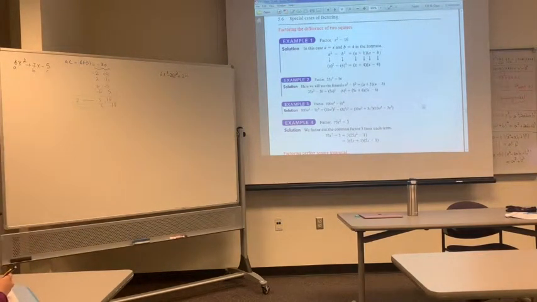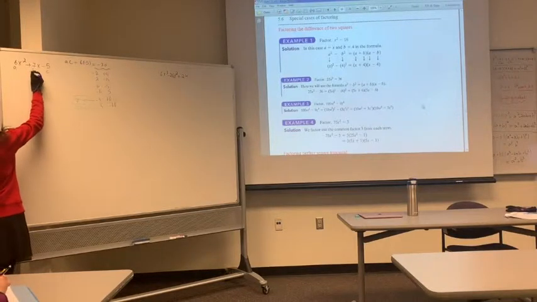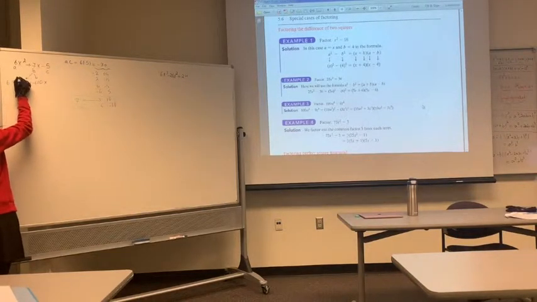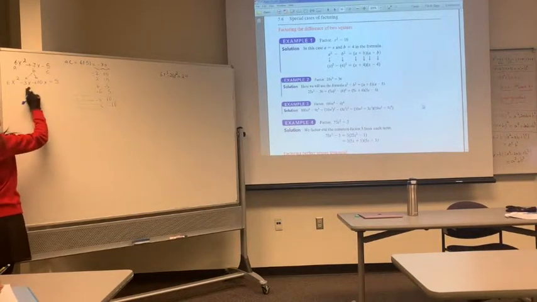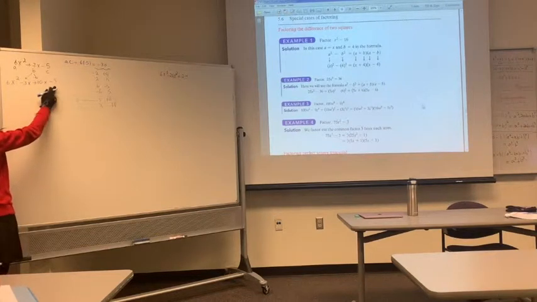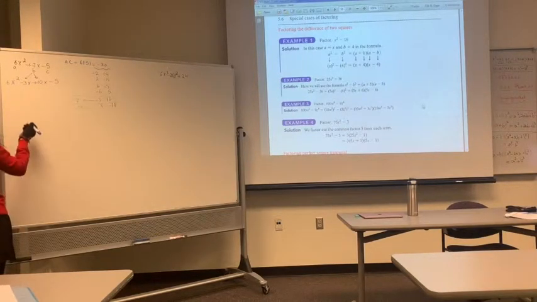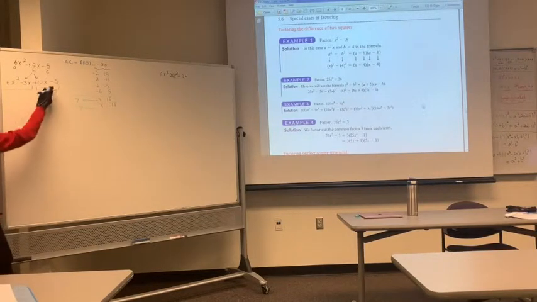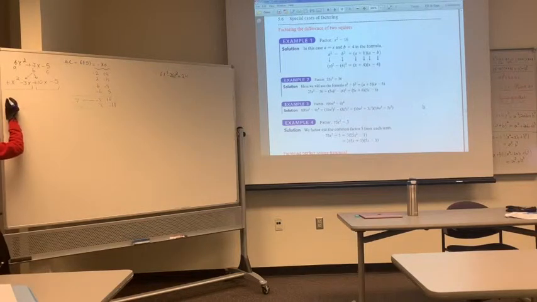When we choose this one, we break this down into negative 3x and 10x. So we have 6x squared minus 3x plus 10x minus 5. Then we group them, maybe these two and these two, because these two both have 3x.